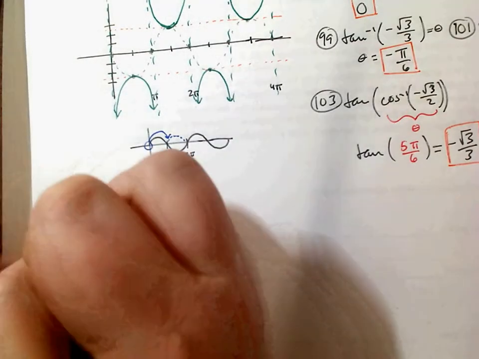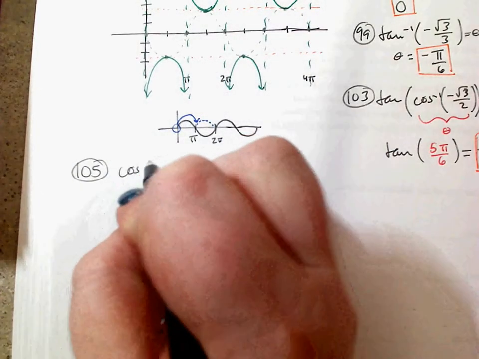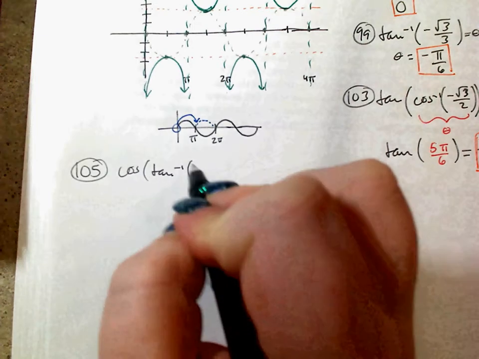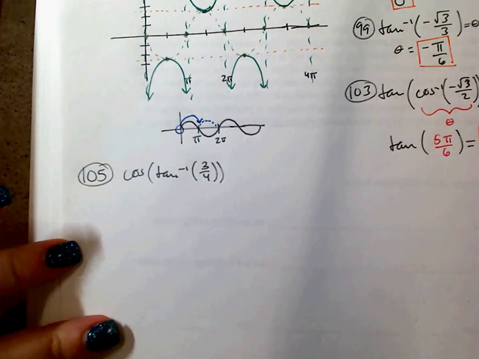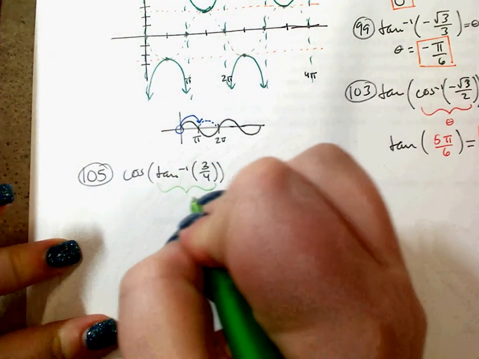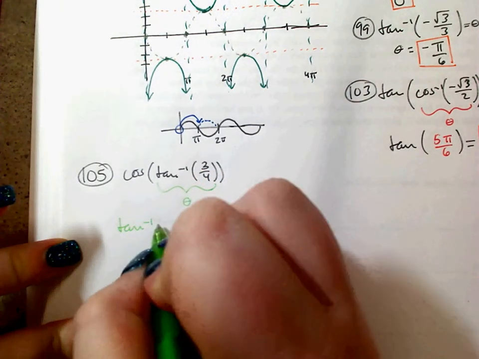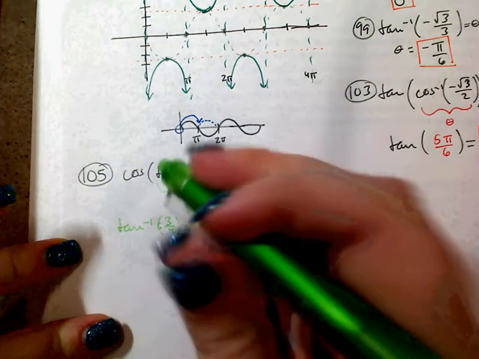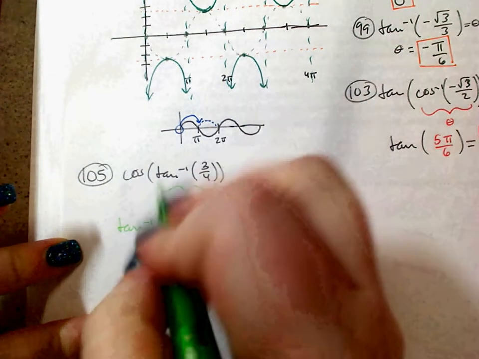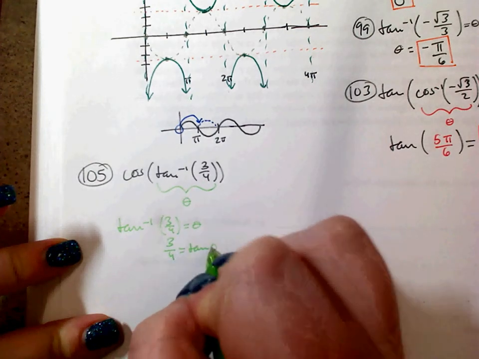Okay, 105. So 105 says cosine of tan inverse of 3/4. So tan inverse of 3/4 is some angle, right? So if tan inverse of 3/4 equals theta, then what that's telling me is that 3/4 is tangent of that angle, right? So tangent is positive.